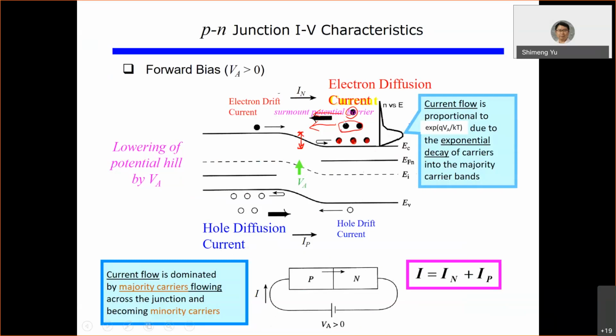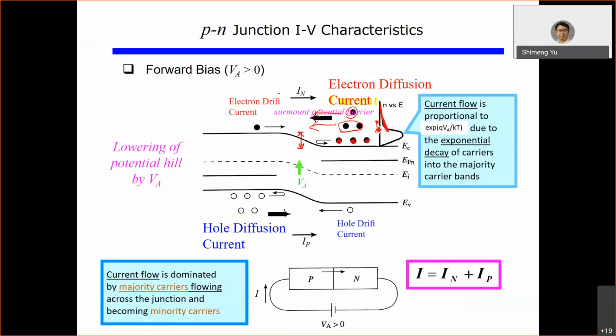And the number of electrons that can move over the barrier essentially depends on the barrier height because of the Boltzmann approximation in the Fermi function. This is the exponential function here. As you change the barrier height a little bit, then exponentially more electrons can diffuse over.